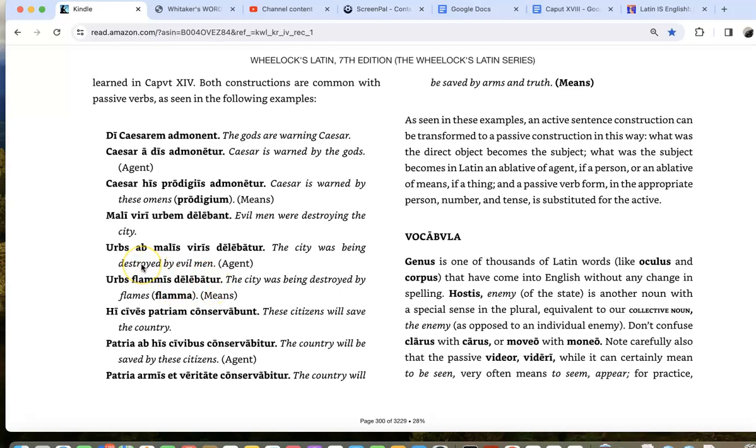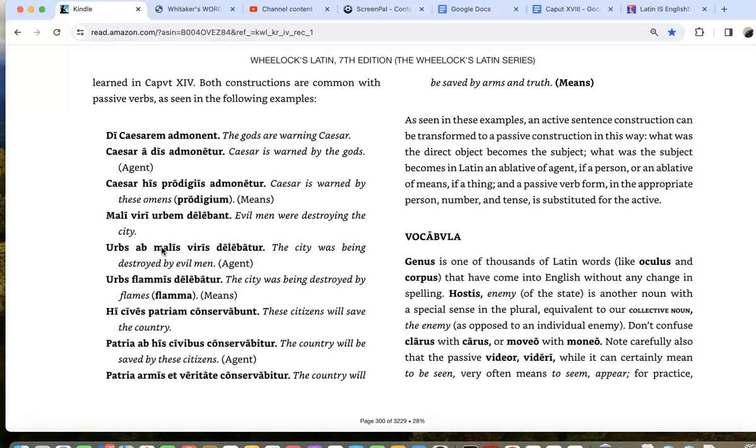What is the general purpose of the passive? Well, it's a voice, so it just has a grammatical function, but you might think about it as focusing more on the process of the verb, whereas the subject, the person or thing in the active, is still involved, but less important.